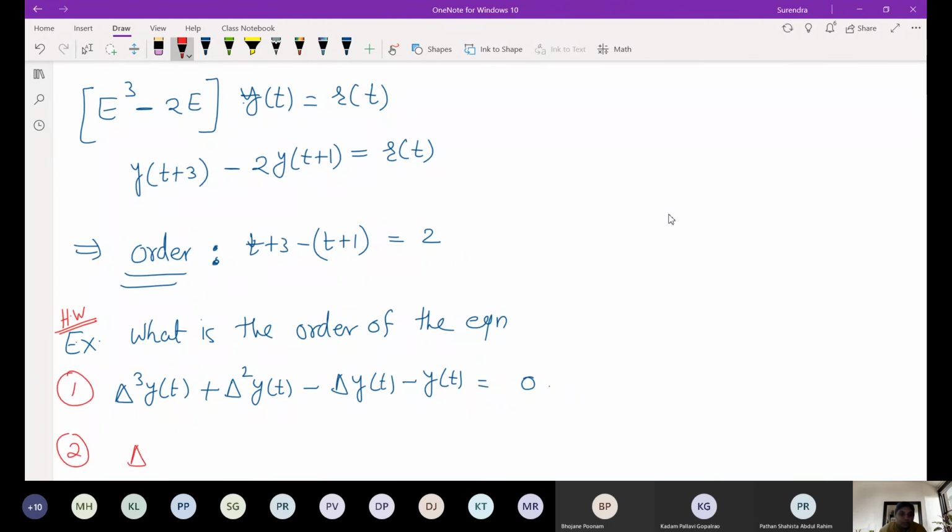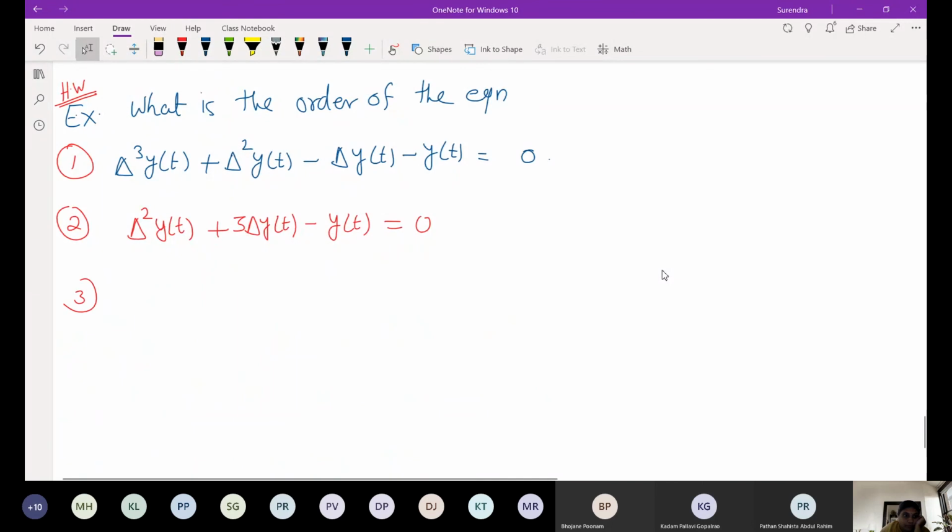Similarly, you can take the third. So this you can take as an exercise.